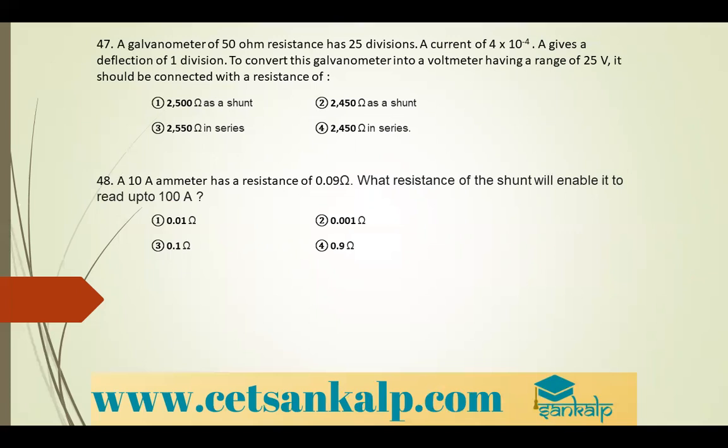So we have the formula for resistance. To convert this galvanometer into a voltmeter having a range of 25 volt, V is equal to 25. This is IG. This is your G.